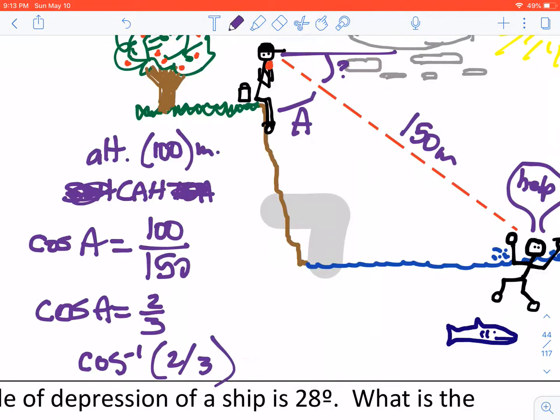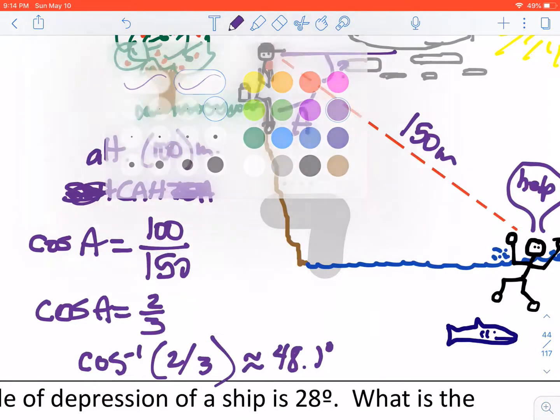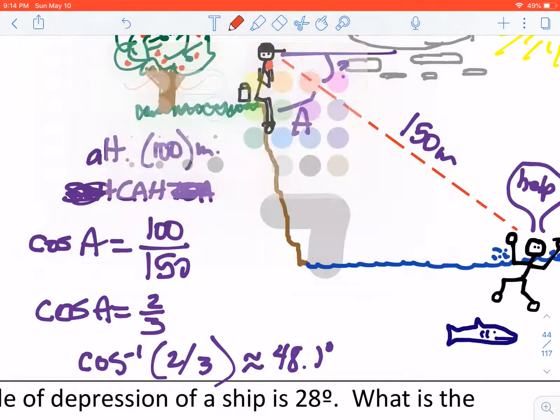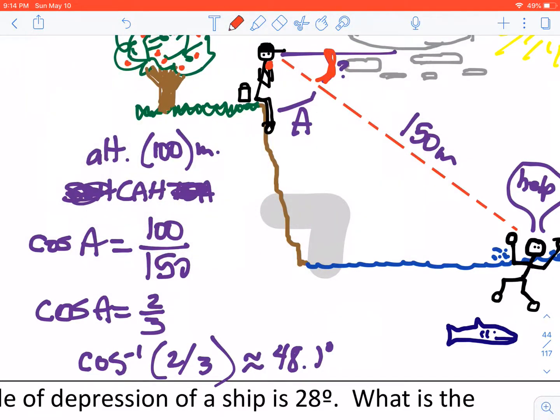And rounding to the nearest tenth of a degree, 48.1 degrees. Now be careful, that is not my angle of depression. My angle of depression, remember, is over here. Okay, angle of depression is up here. So the angle of depression in this case is 41.9 degrees.